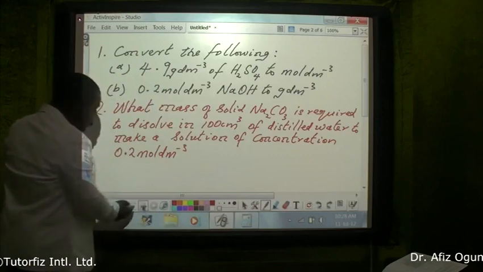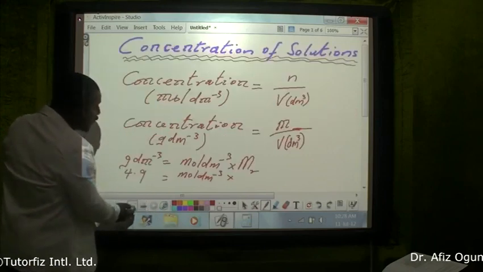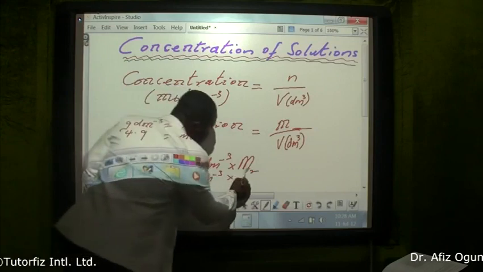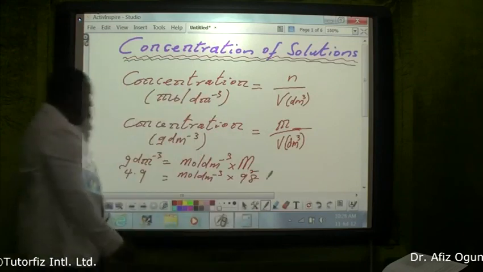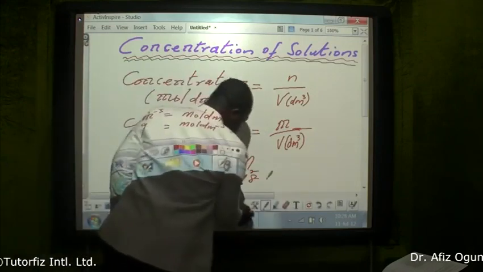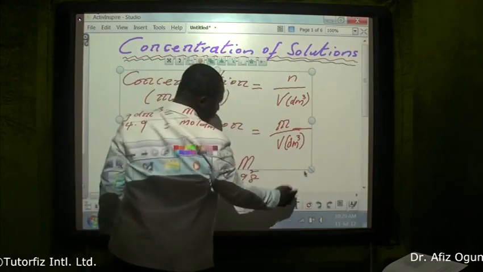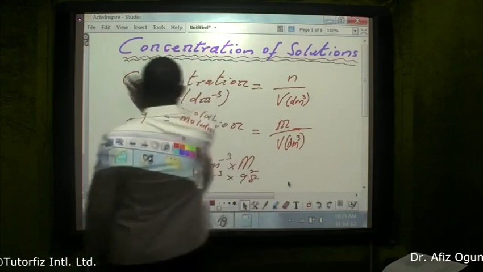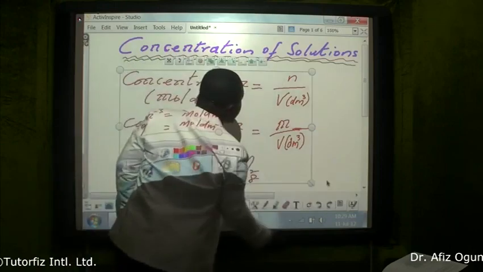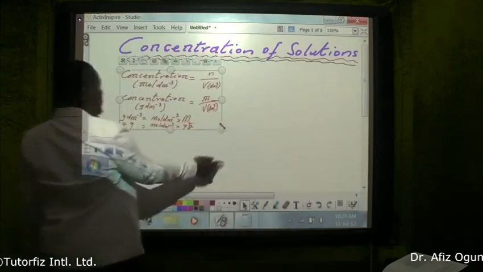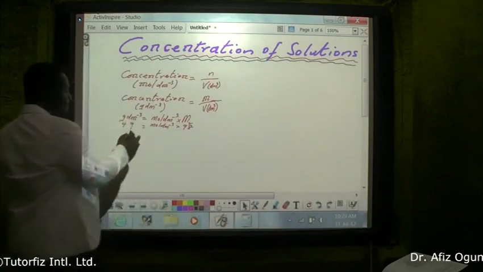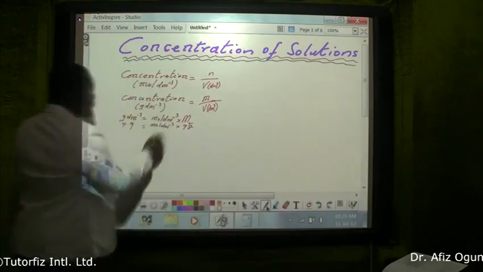So you can do that yourself from your periodic table. So I have 98 here.